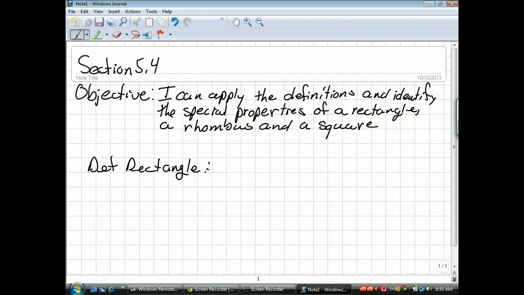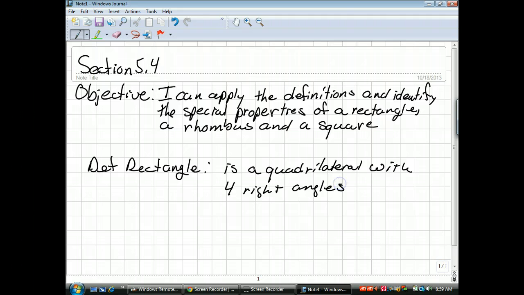A rectangle is a quadrilateral with 4 right angles, and it is therefore a parallelogram, because if we have a quadrilateral and we have 4 right angles, then both pairs of opposite angles are congruent.